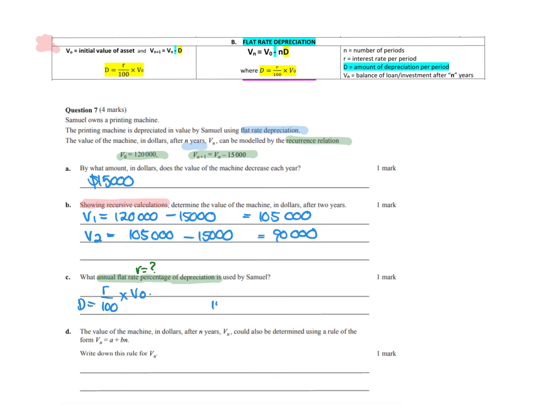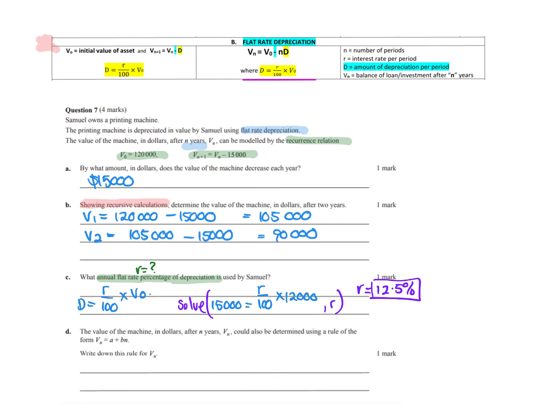We can see that D is actually 15,000. R is what we want to know. And I know V0 was 120,000. Okay, so I can use solve at this point, and comma R, and we'll work out what the rate was. Okay, so we got the rate to equal 12.5%.